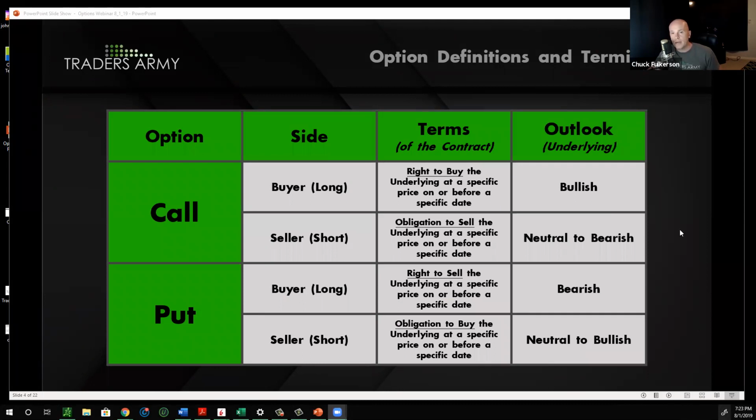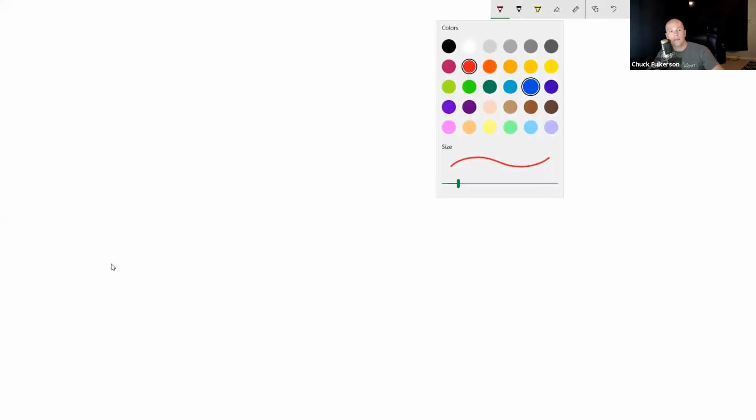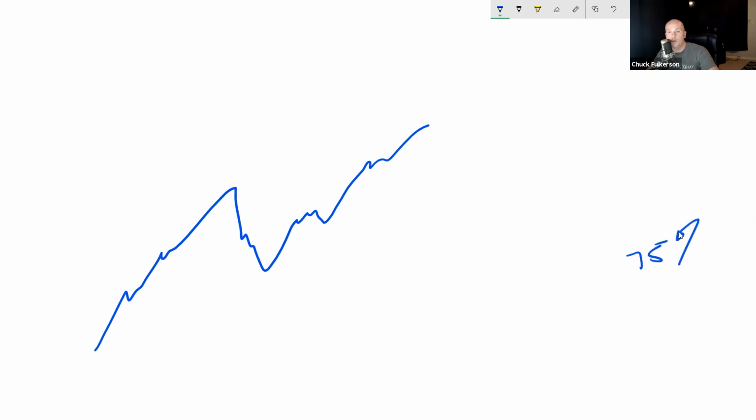It's just gone up and up and up, and maybe it had a nice pullback to get you back in, but then it's gone up over the last year 75%. It's had a huge run, okay? So this company has just gone straight up.